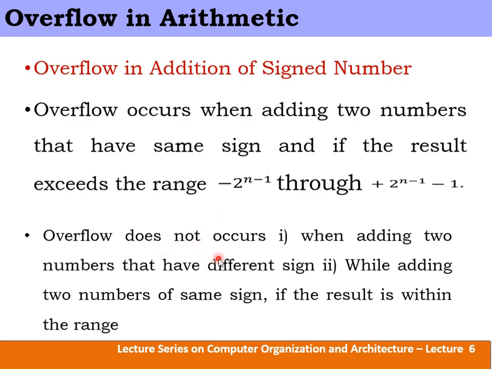Overflow does not occur when we are adding two numbers having different signs. So we use two numbers to perform the addition operation, and if they have different signs, then overflow is not going to occur.